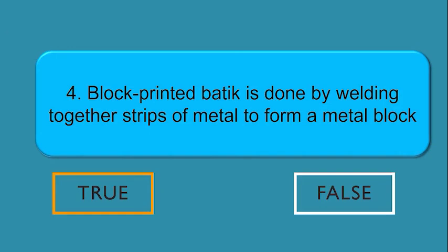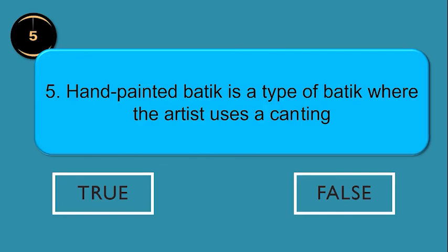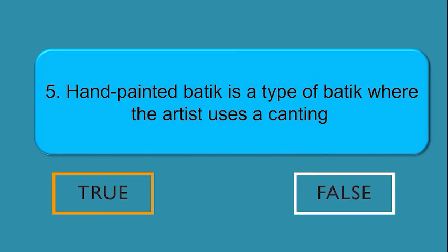Now let's have our last item, number 5. Are you ready? Hand-painted batik is a type of batik where the artist uses a canting. True or false? You have 5 seconds. Time is up and your answer is? That is true.